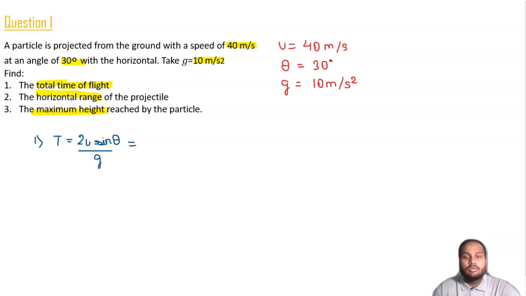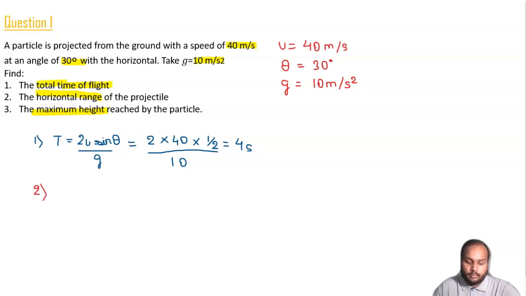Let us substitute the values: 2 into 40 into sine 30, and the value of sine 30 is 1 by 2, divided by 10. On solving this, we get the time of flight as 4 seconds.